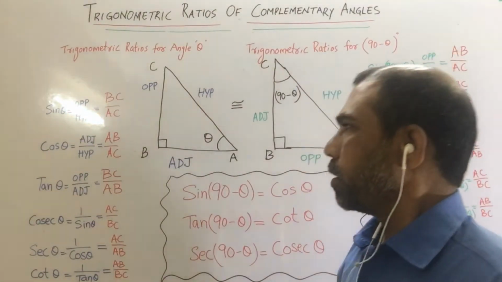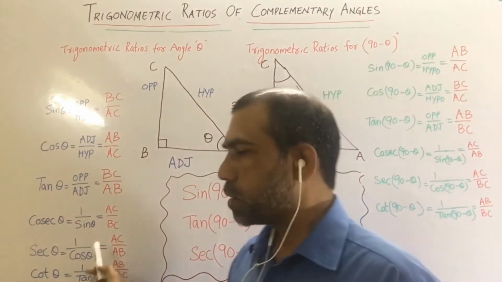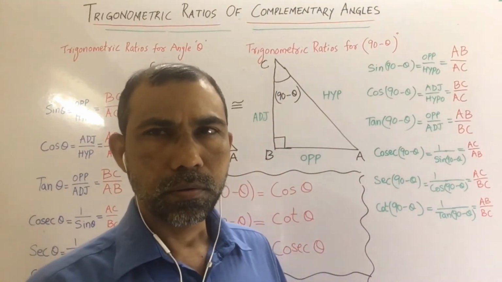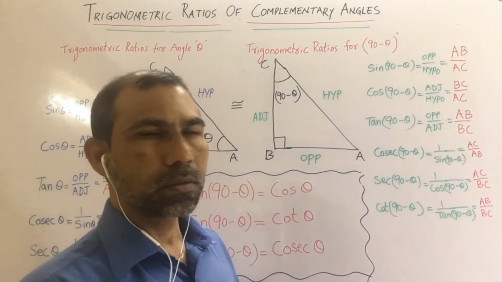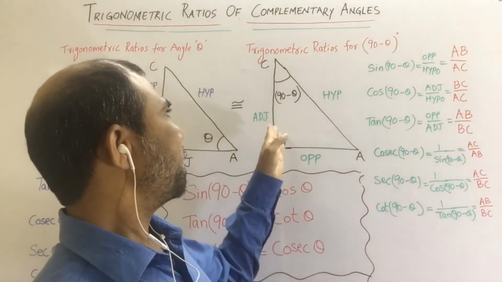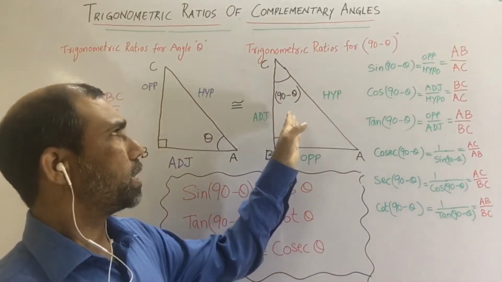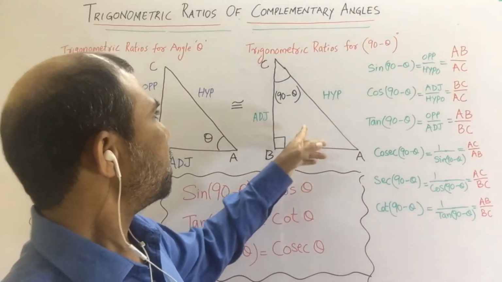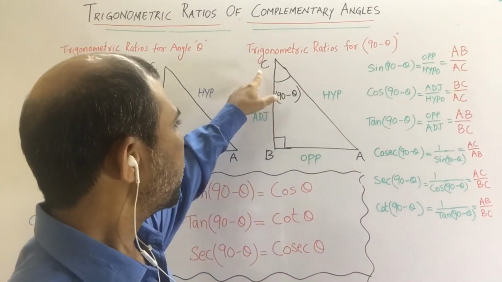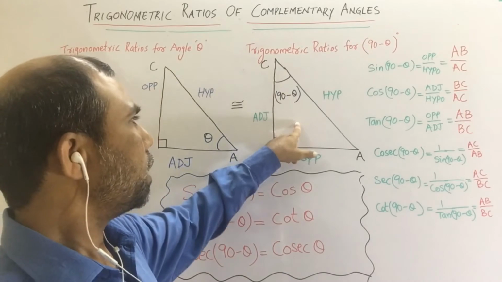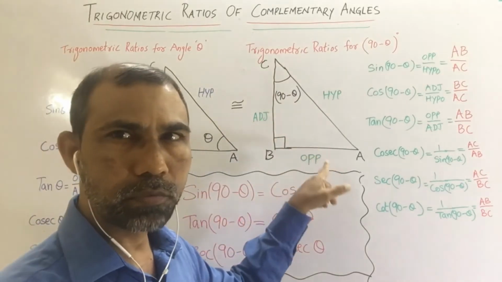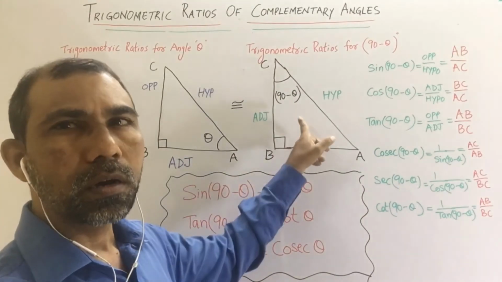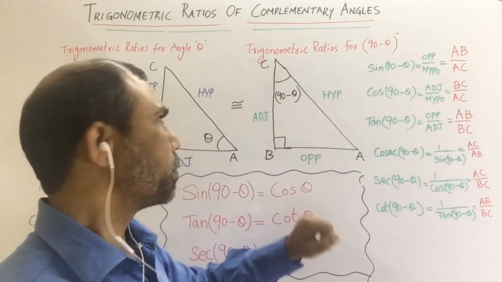Now, consider the complementary angle, that is angle C. If you are considering angle C, the ratios will be different. Just see here, both are actually the same triangle, but we are considering the complementary angle here.